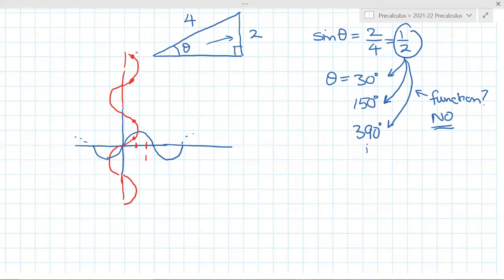The problem is that if I go in the other direction for sine, then I run into this problem that it's not a function anymore. Same thing you will run into with cosine, tangent, right? All of those are periodic. So you'll have some problem like that.